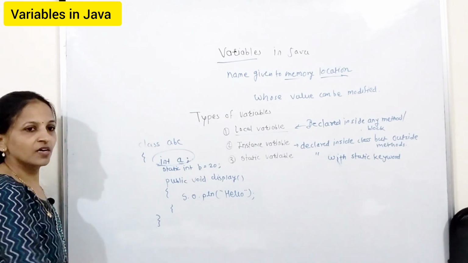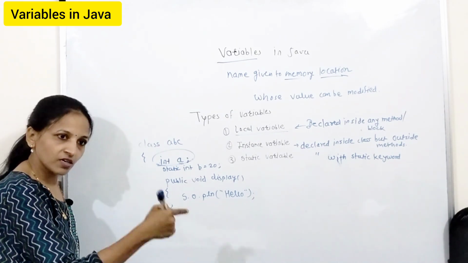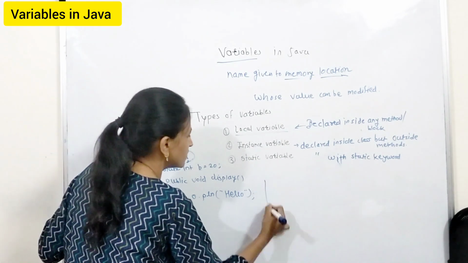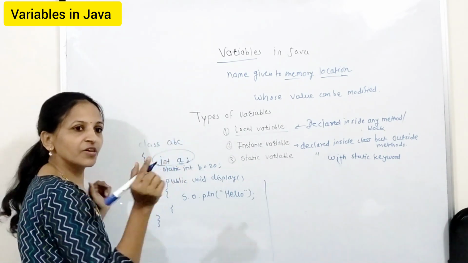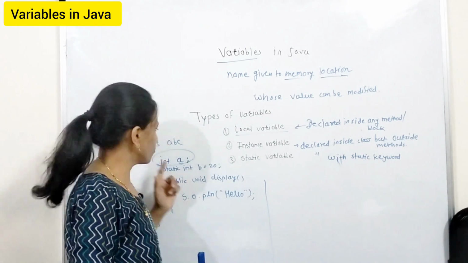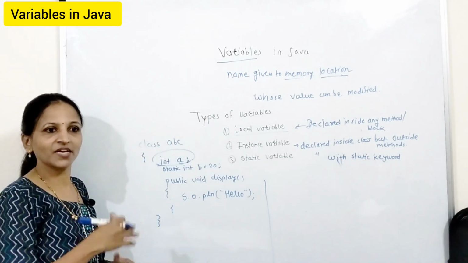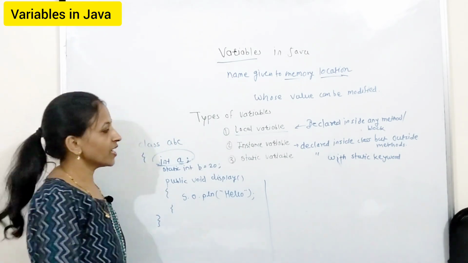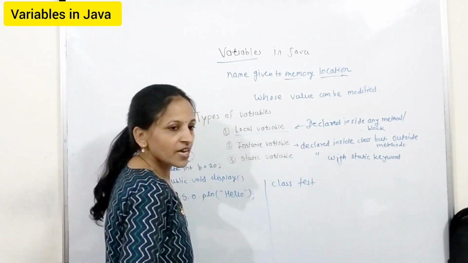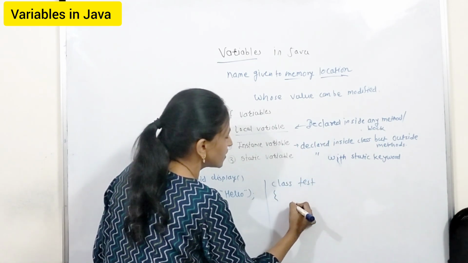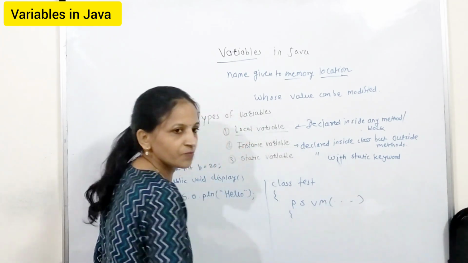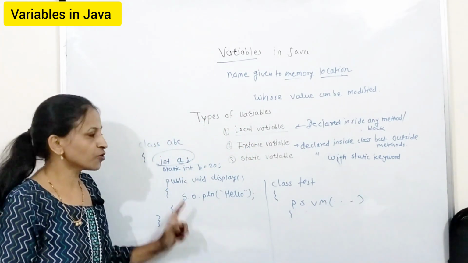Semicolon is optional. Now let me create one more class here, again in this package. Then see, this class again has package access, meaning inside that package you can access this class. If you have written public here, then that class can be accessible everywhere. Here I am writing one more class. Let it be class Test, and here I have written public static void main, String args. Now here I want to create an object of this class.